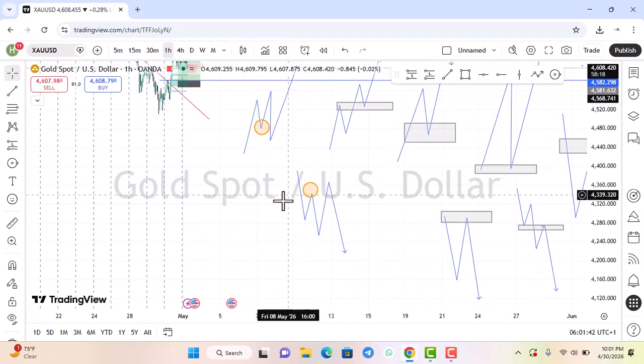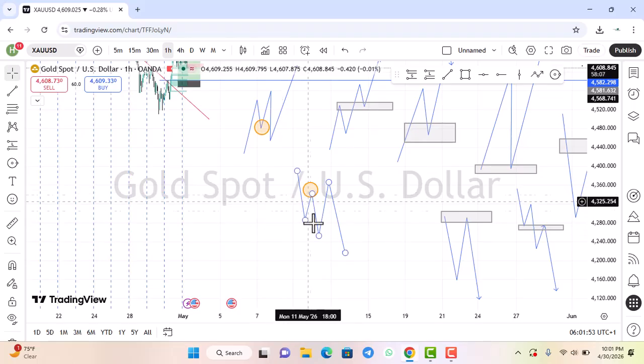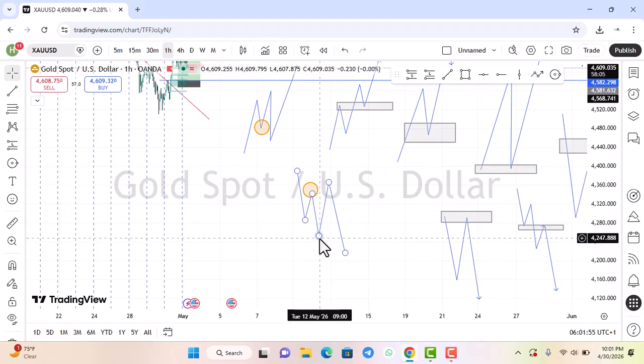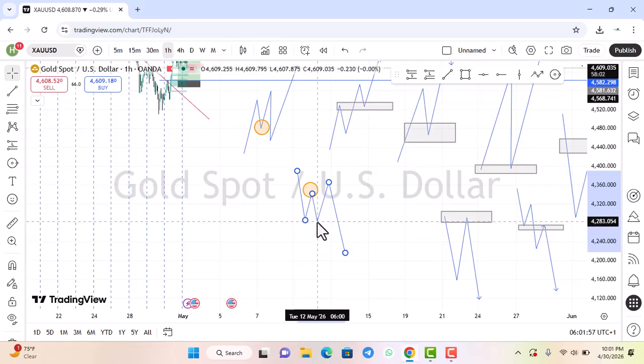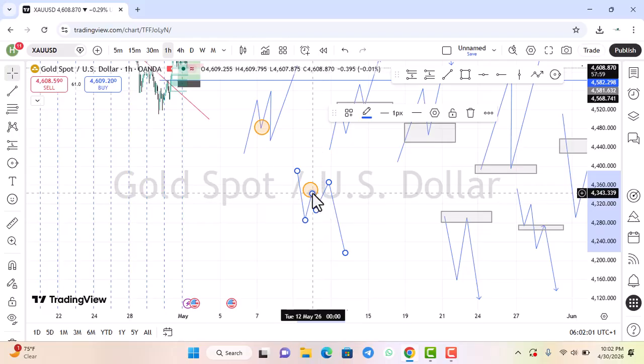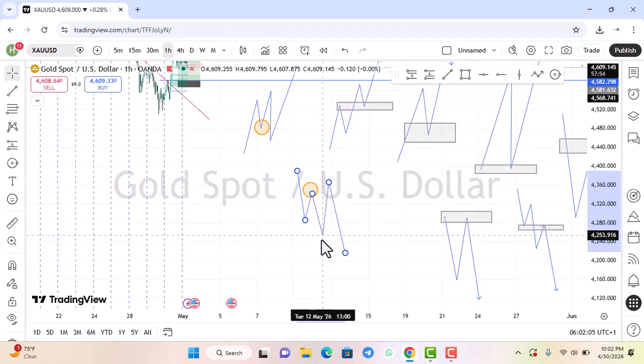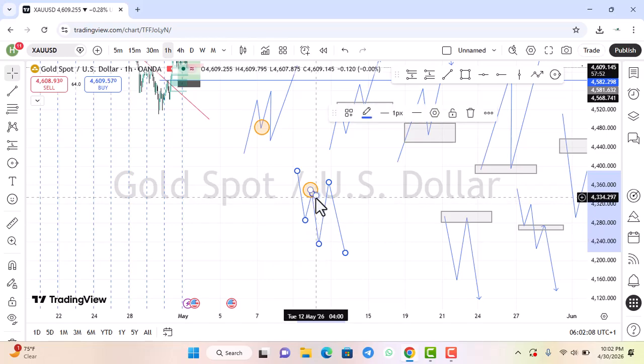Okay, so retracement is a continuation price movement after a pullback or reversal. For example, this pullback might stop here, or maybe somewhere around here before the liquidity sweep, or maybe even go down like this before the liquidity sweep.